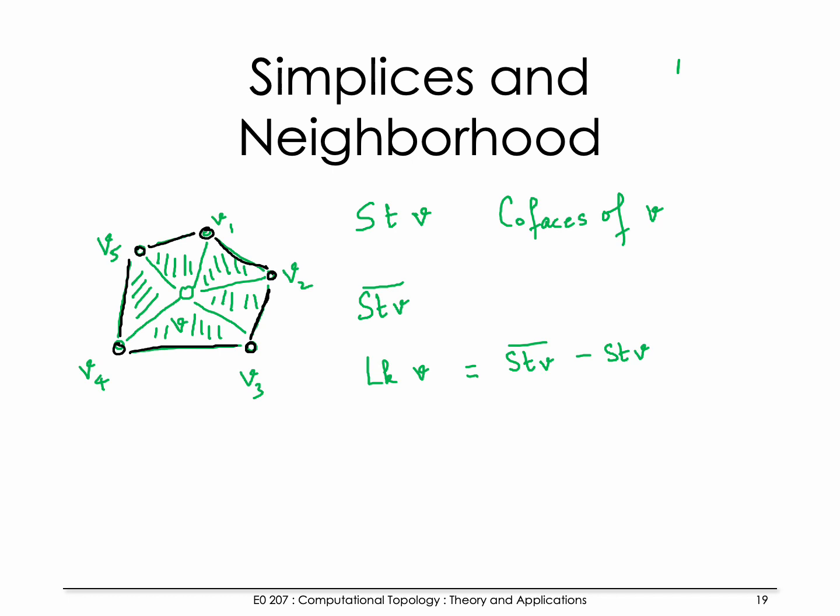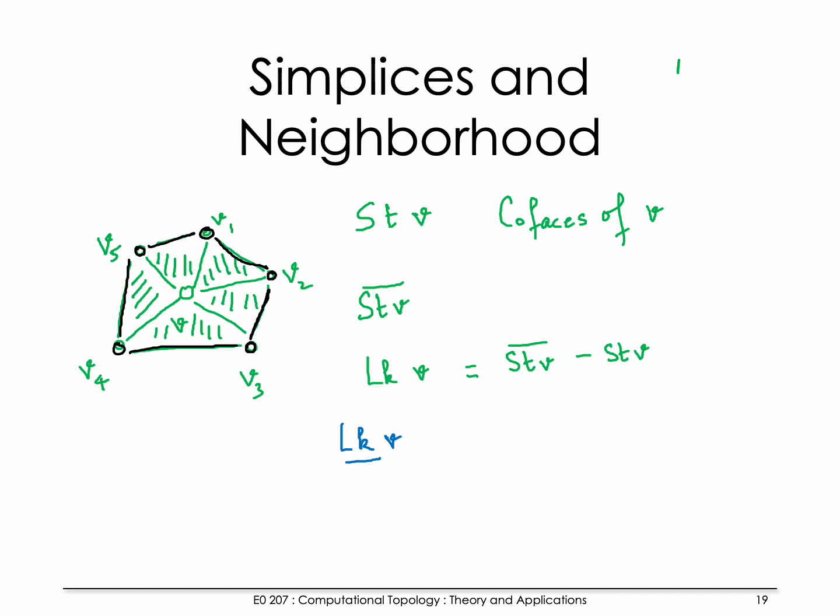So we can talk about the lower star and the lower link. What we will really need is the notion of lower link, so I'll talk about that. We need a notion of a lower link, correspondingly something called an upper link, which is defined similarly. Let's just look at the lower link first.